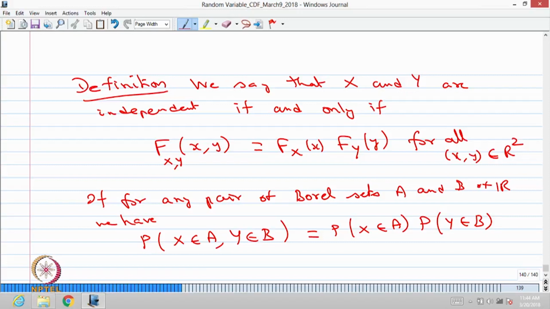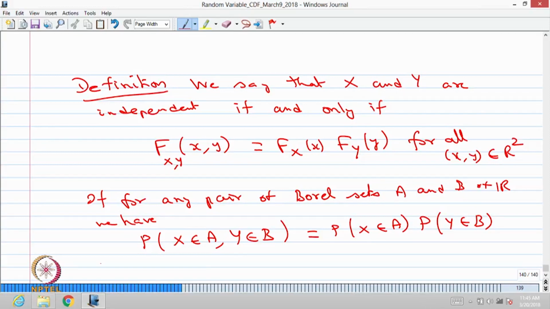That means if two random variables are independent, this condition is satisfied. Whenever two random variables are independent, the probability of X belonging to one Borel set and Y belonging to another Borel set is the same as the probability of X belonging to the one Borel set multiplied by the probability of Y belonging to the other.